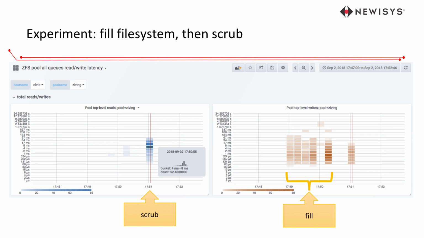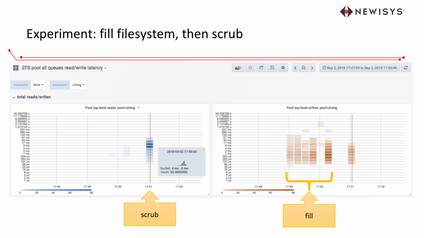I was doing a fill of a small pool, and then when it finally filled up, I did a scrub. So I kind of brought out for this time period, at the top level, we see a bunch of writes, and then the scrub does a bunch of reads. Okay, so that should be pretty readily, hopefully intuitively obvious.